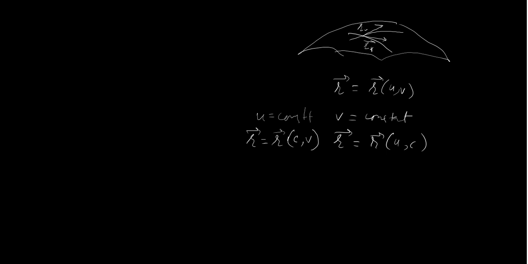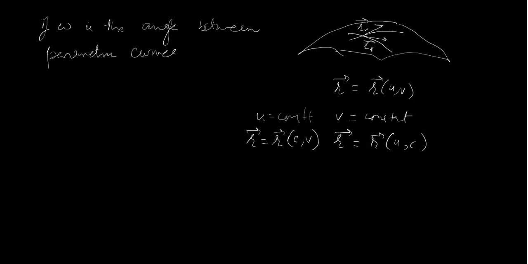And if omega is the angle between parametric curves, then cos of omega would be, we know how to evaluate the angle between two vectors.